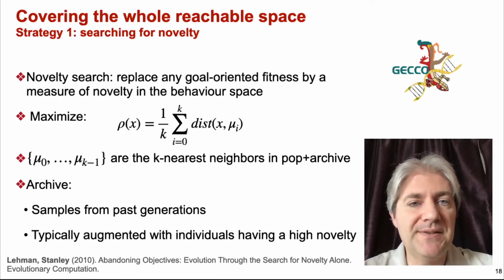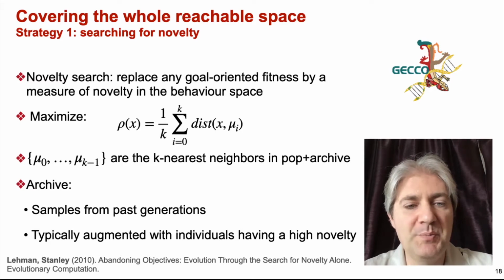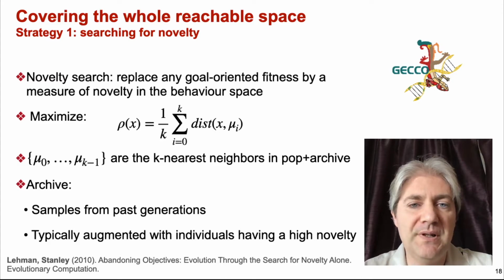So let's look at this first strategy. So novelty search is actually a seminal work for these quality diversity approaches. It has been proposed in 2010 by Lehman and Stanley, and they just proposed to remove any goal-oriented objective and to replace it with a measure of a distance of a particular solution to its nearest neighbors in the behavior space. So that's very original because that's the first time that we remove that goal-oriented fitness and that we consider exploration as the main driver for the search.